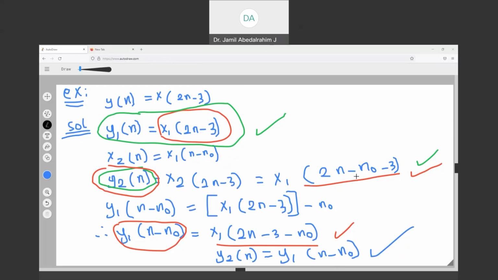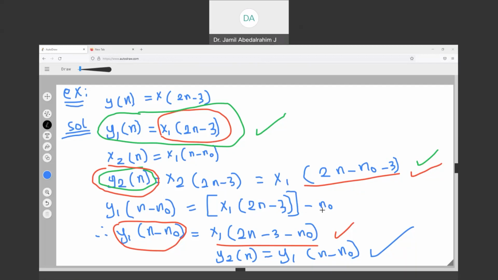Then y1 of n minus n naught: we do the shifting for the input, all this equation, by n naught.